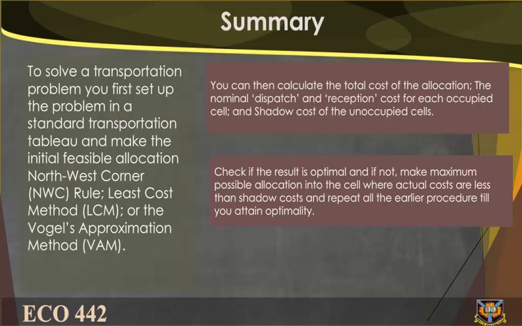You can then calculate the total cost of the allocation, the nominal dispatch and reception cost for each occupied cell, and shadow cost of the unoccupied cells. Check if the result is optimal, and if not, make maximum possible allocation into the cell where actual costs are less than shadow cost, and repeat all the earlier procedure till you attain optimality.